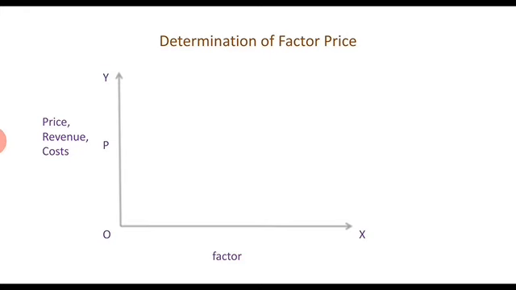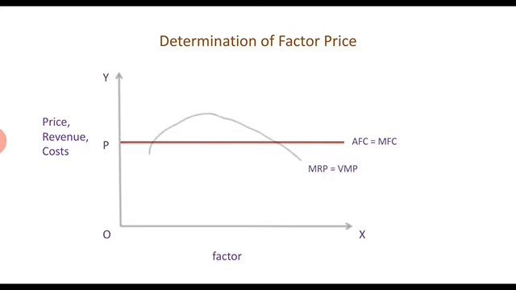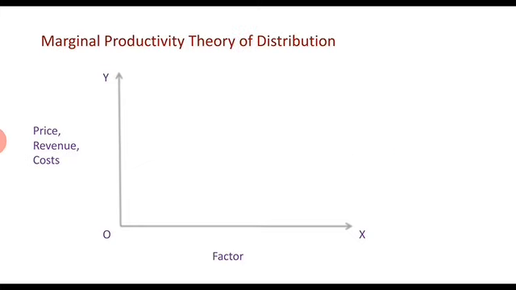Determination of price of the factor: where AFC, MFC and MRP are equal, the price of the factor is determined. It is the equilibrium price of a factor. In this diagram, at the point E, MFC and MRP are equal.